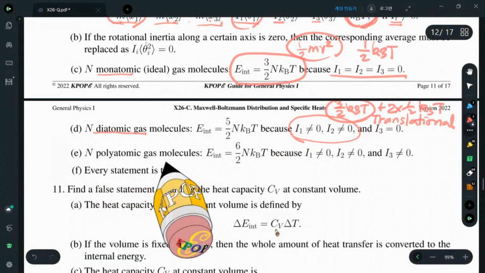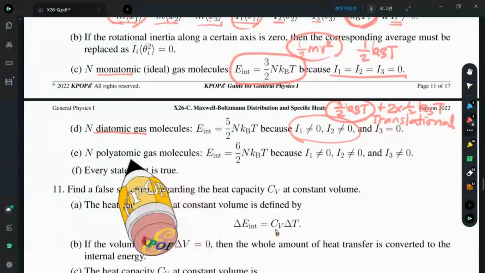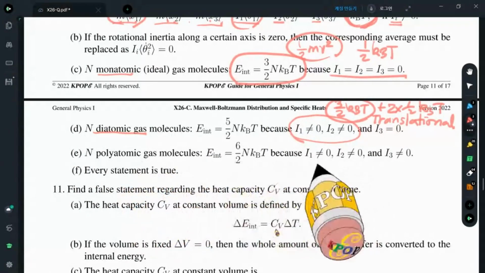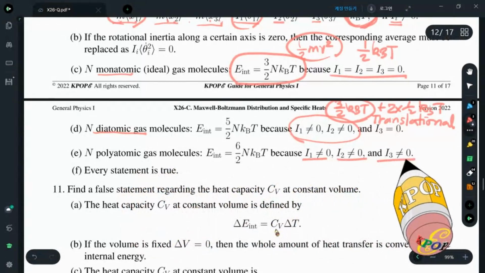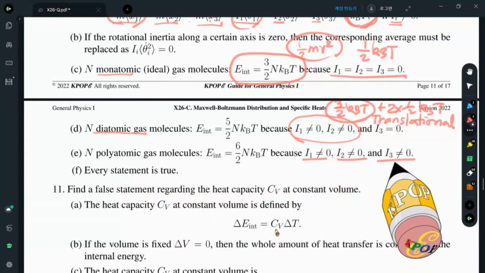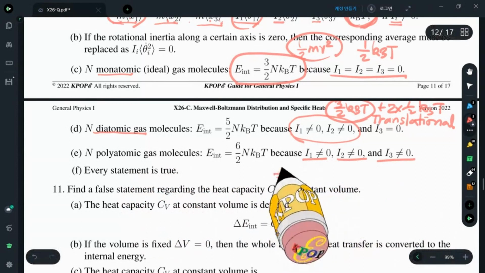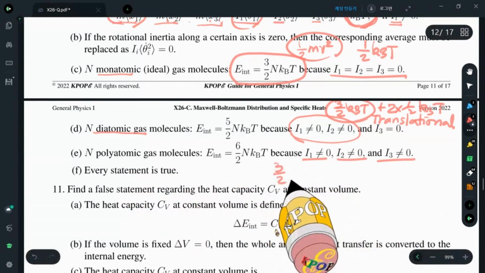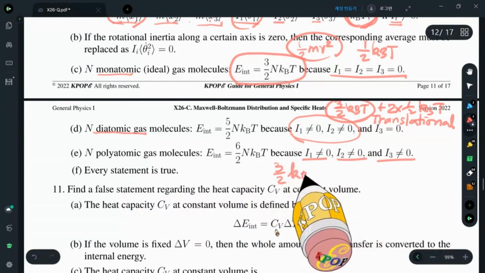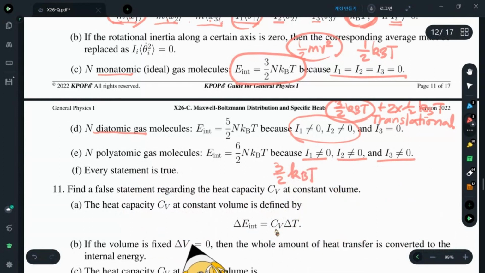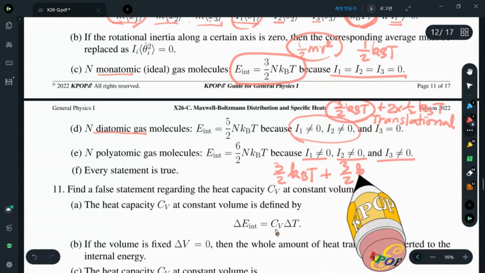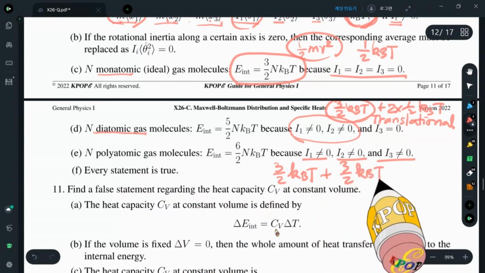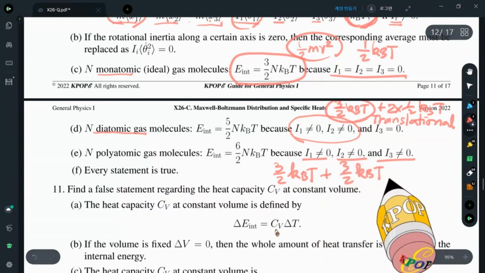In polyatomic gas with 3 or more atoms, we have all three axes of rotation allowed. Therefore, 3 times 1/2 kBT for the translational kinetic energy and another 3 times 1/2 kBT for the rotational kinetic energy.